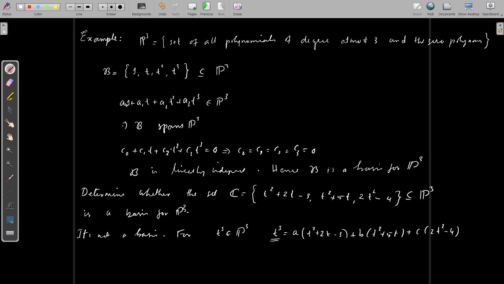You can never equate a third degree polynomial to a second degree polynomial. This will be a contradiction. That means there are no such coefficients a, b, c. Therefore, the set C is not a spanning set for the vector space P3. So C is not a basis.